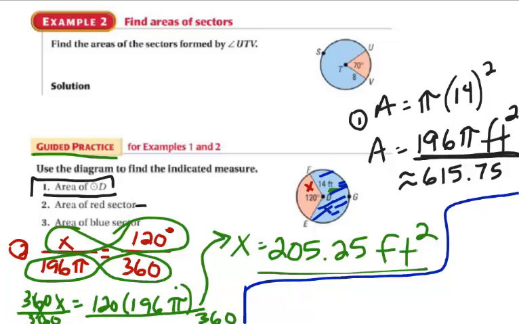And instead of the 120, I'm going to do 360 minus the 120 to get the degree measure that I'm looking for the blue sector. And that's going to be 240 degrees. And so that would be the degree measure that you'd use in your proportion.